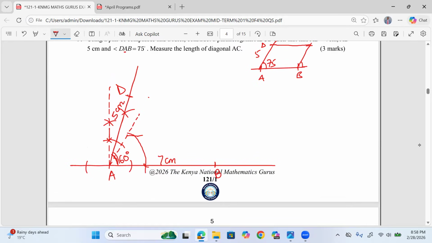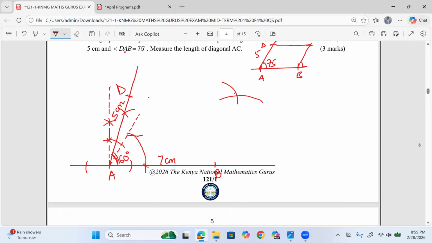So what we need to do now is to use a radius of 5 centimeters, and we stand at point B with 5 centimeters. We make an arc here. Then we use 7 centimeters and we stand at D. And again, standing at D using 7, we make an arc like that.